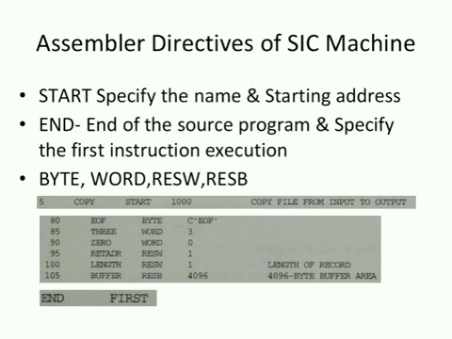For example, as you can see in the code snippet, line number 105 RESB 4096. That is a number which will be converted into hexadecimal, which will be nothing but 1000.